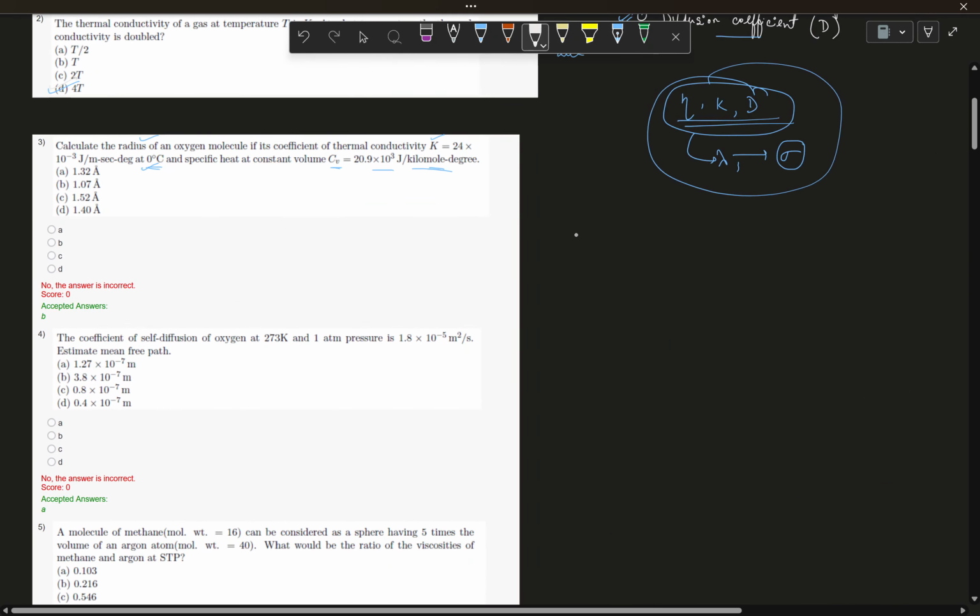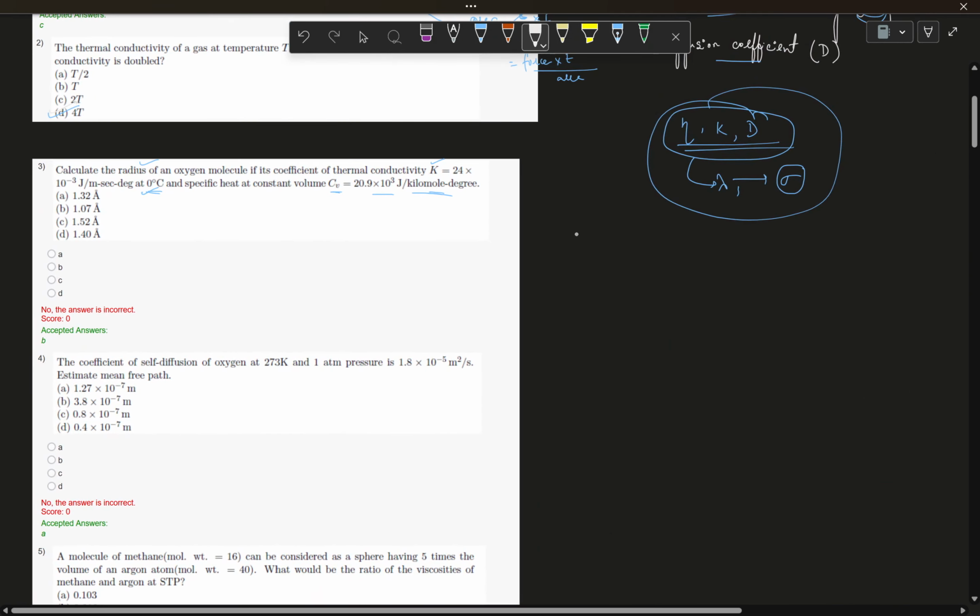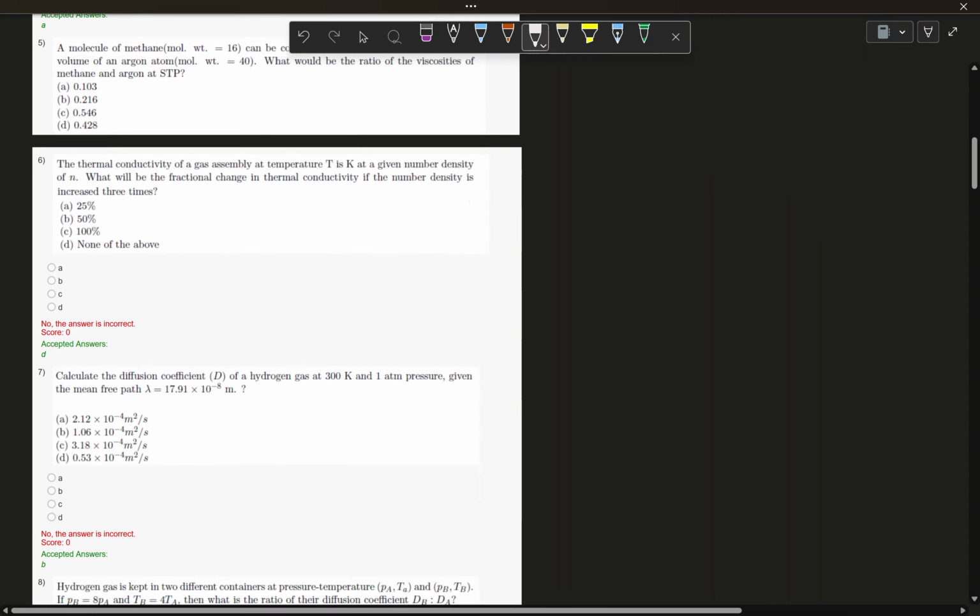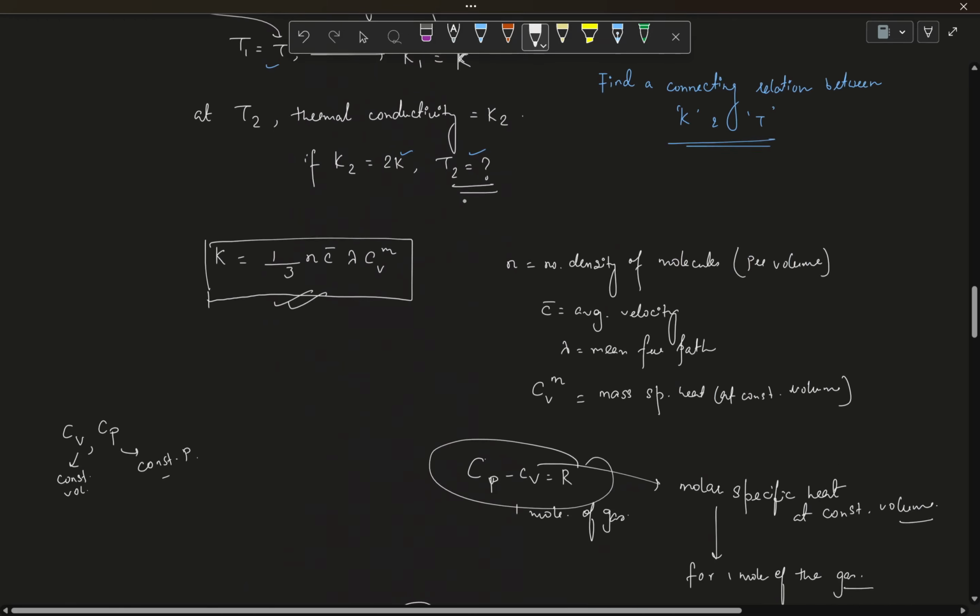So k is basically 24 into 10 to the power minus 3 joule per meter second degree, all SI.